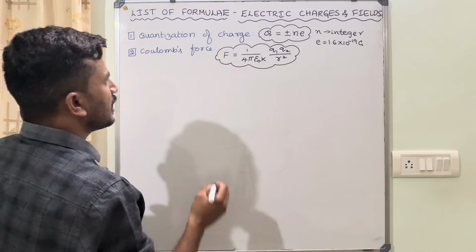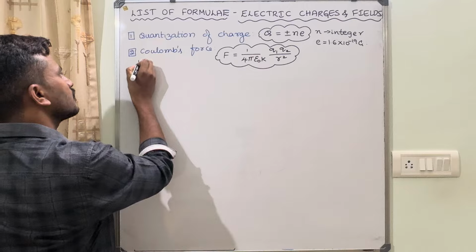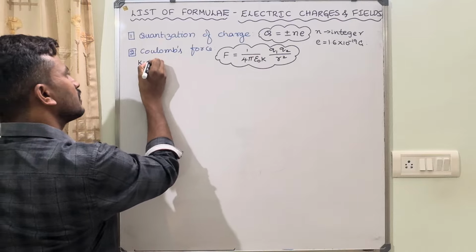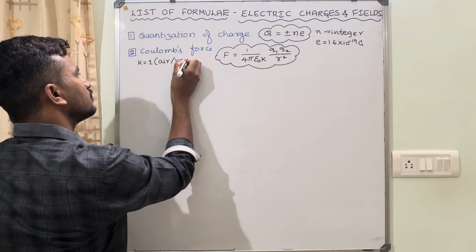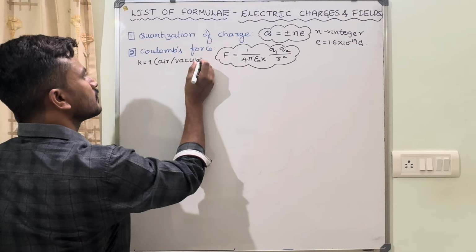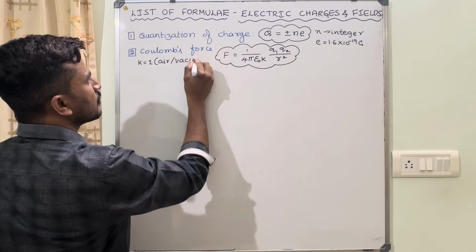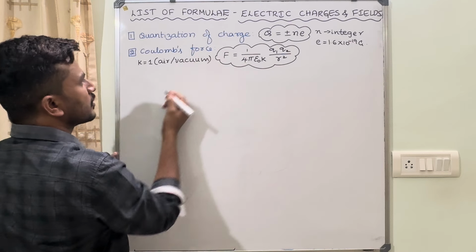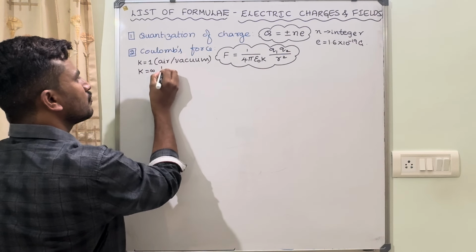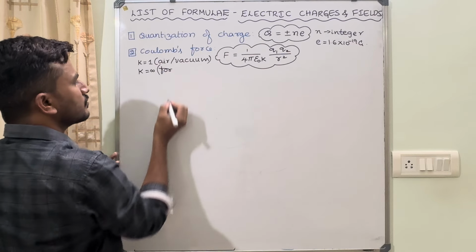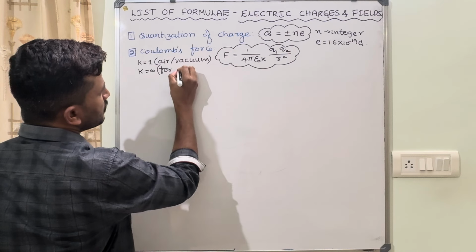And what is the value of K? So K value is equal to 1 for air or vacuum. Okay, for air or vacuum, K value is 1, and K value is infinity for conductors, metals.